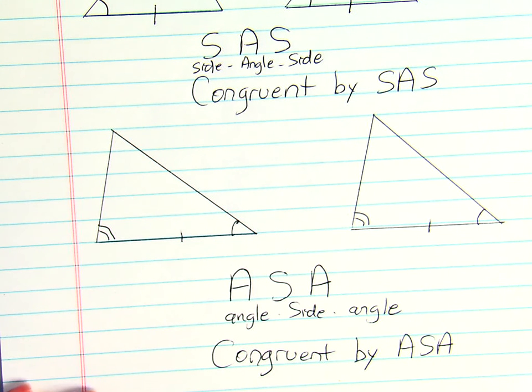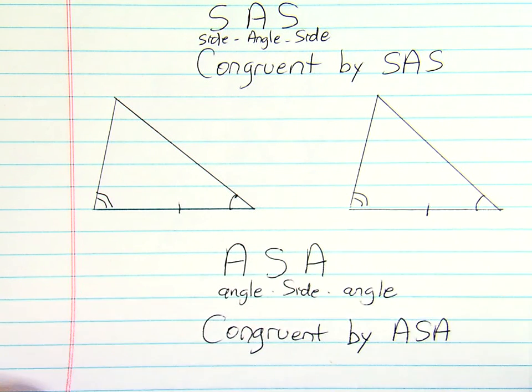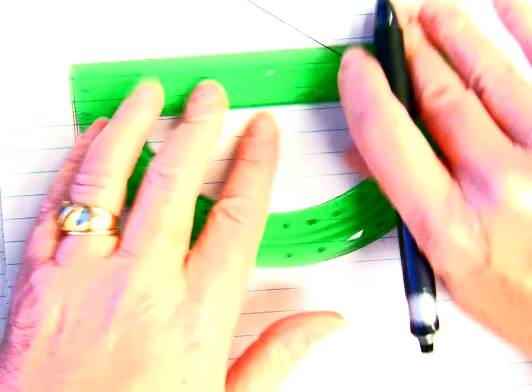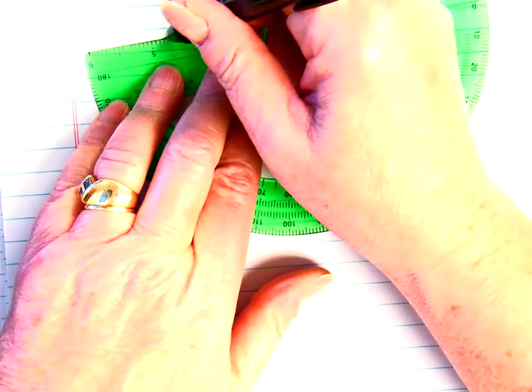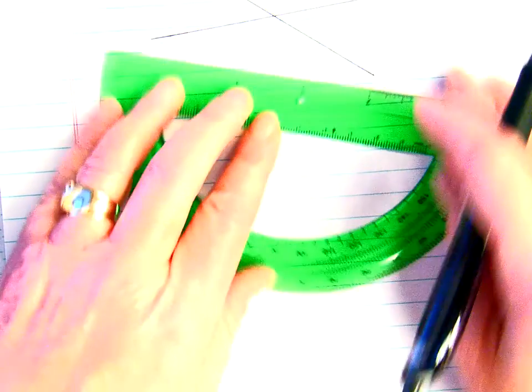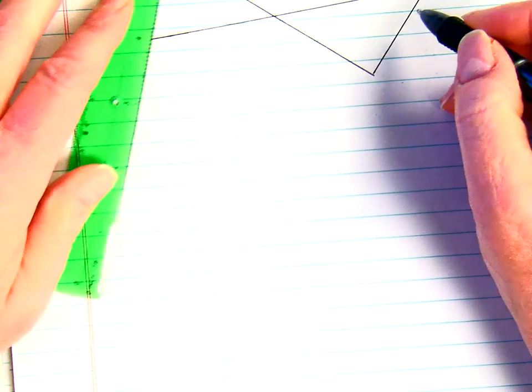Okay, so what you're going to be looking for are the markings on the angles and on the sides of your triangle. What you're also going to be wanting to look for are things like this, where we are dealing with angles that you should know are congruent.